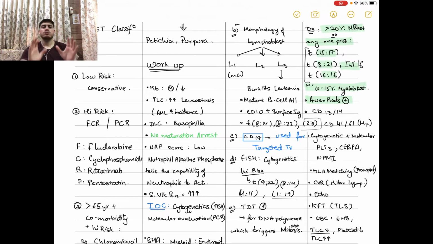So most of these cancerous cells are usually L1 type, but when they are found to be L3 type, then they are suggestive of diseases like mature B cell Burkitt's, cells having the CD10 marker, and these kinds of translocations, t(8;14), t(8;22), t(2;8). t(8;14) I already told you is Burkitt's lymphoma.